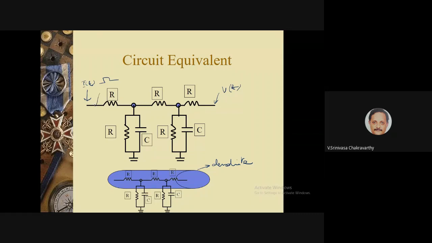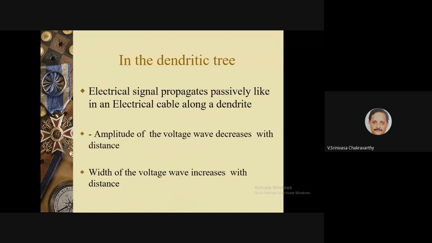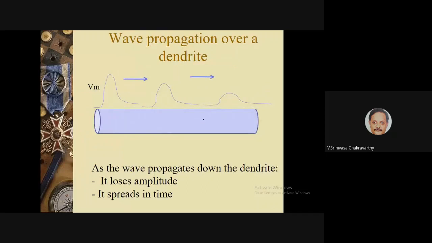If you measure it here, it will be higher, but if you measure it here, it will be lower because of all the energy loss in the resistances on the way. So therefore, propagation along the dendritic cable is lossy. It looks something like this. The signal waveform loses both amplitude and spreads in time as it propagates down the dendrite.